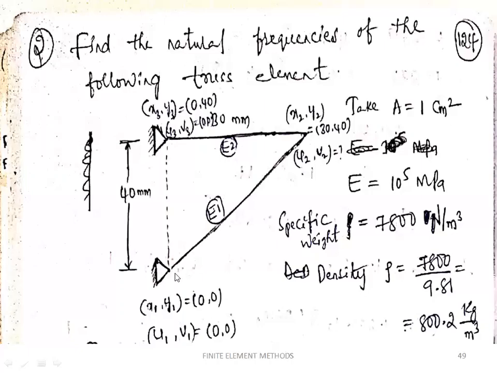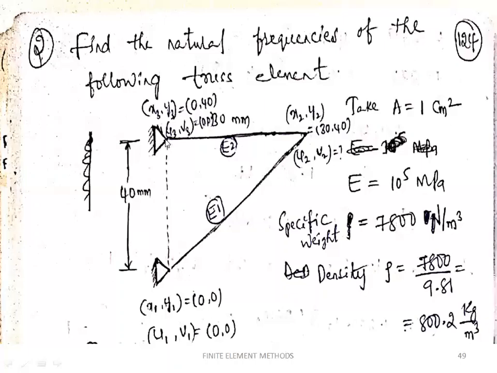At nodal point 1, the coordinates x1, y1 are 0 comma 0, so it starts from here. This horizontal distance is 30, so x is equal to 30, and the vertical distance y is 40. So at nodal point 2, the coordinates x2, y2 are 30 comma 40.